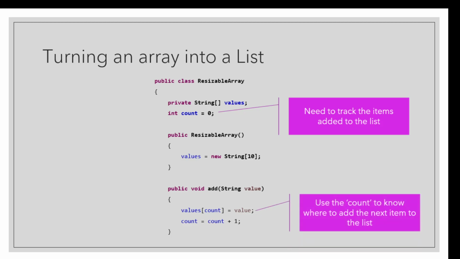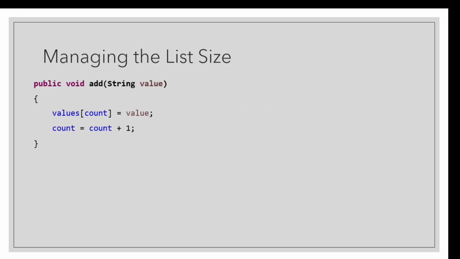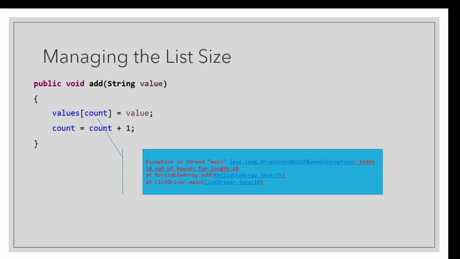We just use the count to know where the next item on the list goes, and the size of the list is the count, that last array index. So managing that list size becomes pretty simple up until the point we hit the 11th item going in the list, at which point we get, again, the Java message here, an array index out of bounds exception.